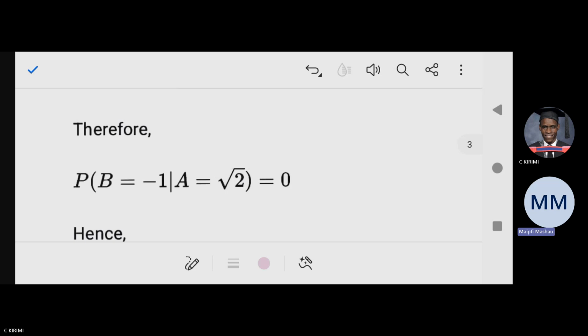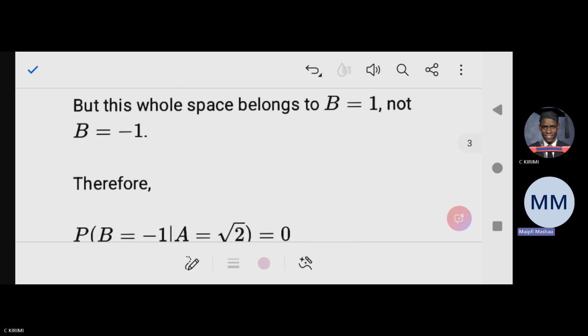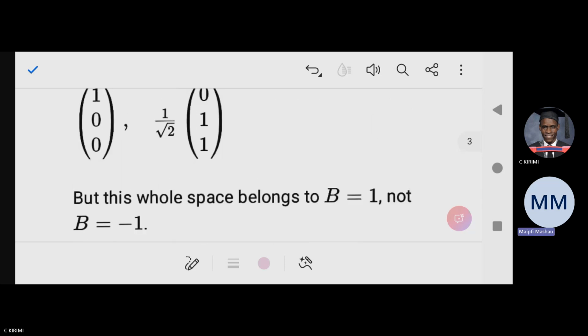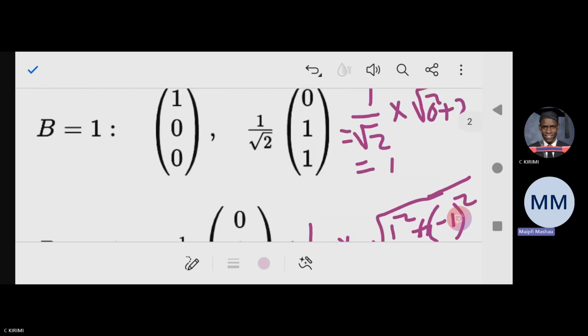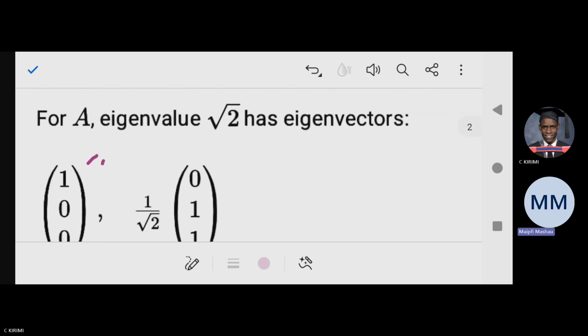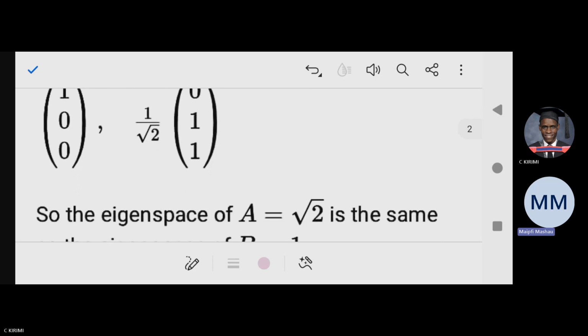So in A, we normalized. In number A we have 1 over square root of 2, right? We used the eigenvector 5, 1, 3.